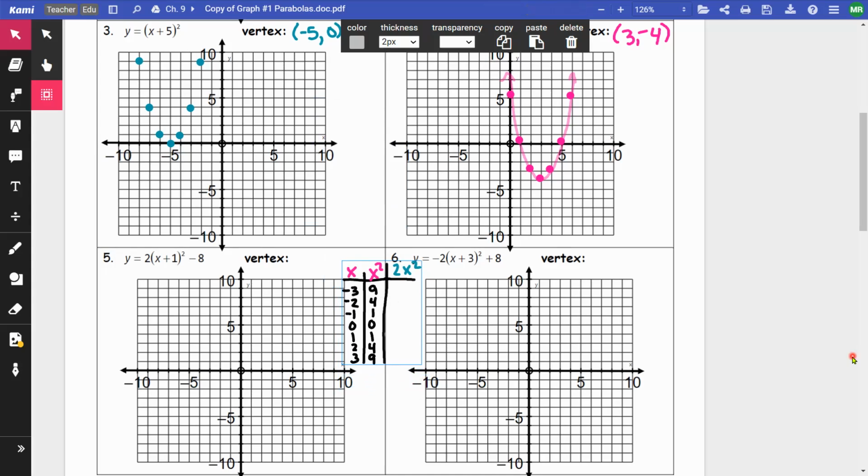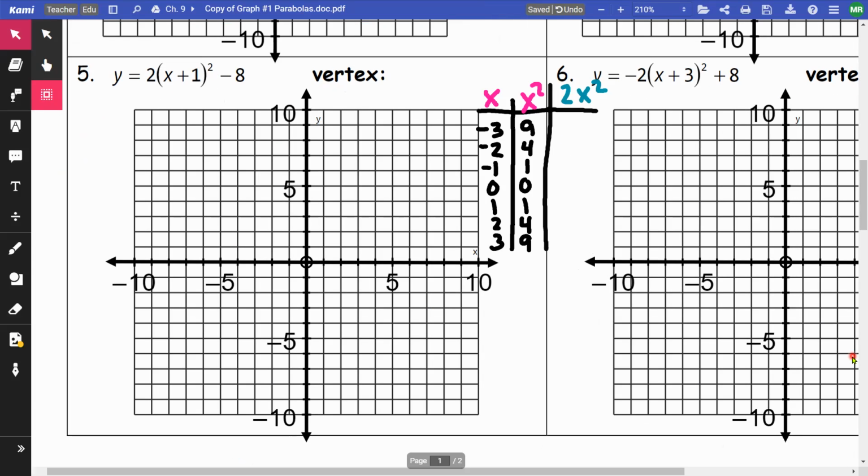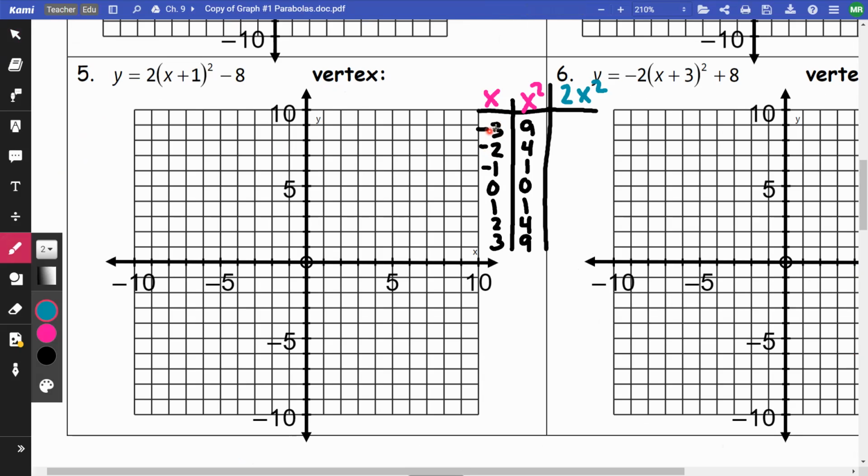Okay. So let's say that I was graphing 2x squared. So what that means is I would take my x, square it, then I double it. So I square 3, I get 9. I double it, I get 18. I square -2, 4. I double it, I get 8.